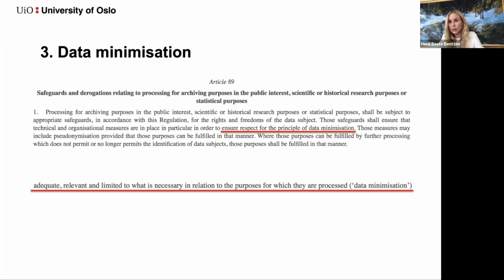So if you're only looking at one gene, you need to be able to explain why you're doing a whole genome sequencing. So make sure that you have a purpose for the processing that aligns with the tests you're running and the data you are generating and processing.